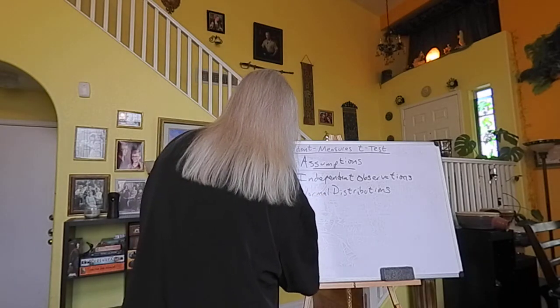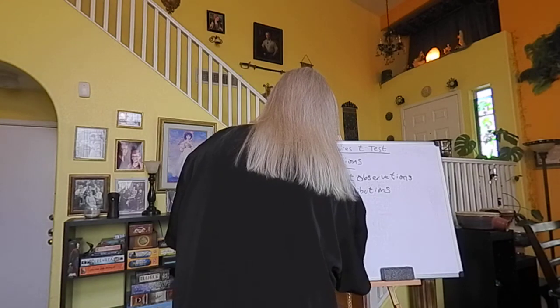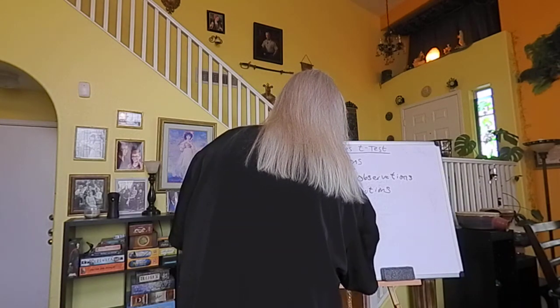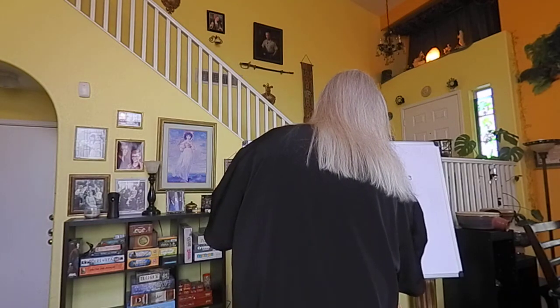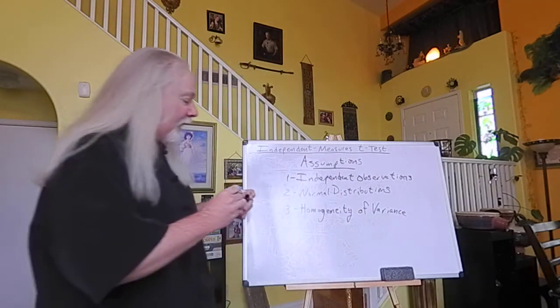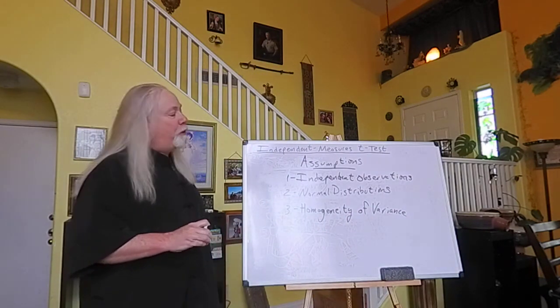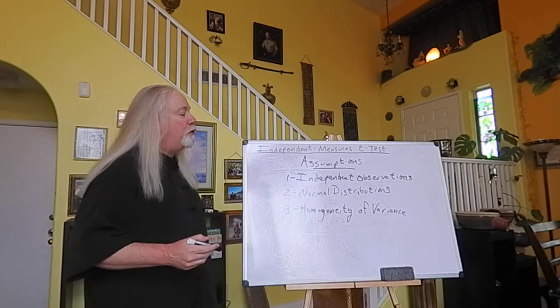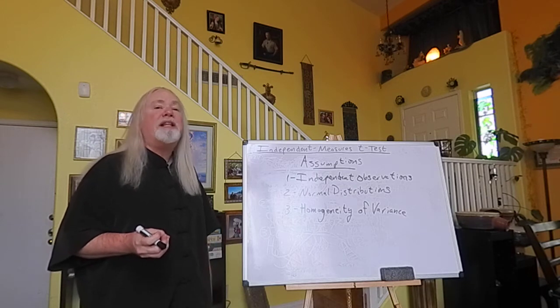The third one is something new for us. It's called homogeneity of variance. So remember when we're saying that something is homogeneous, or when things are homogeneous, that they have homogeneity, that we're saying that they are the same.